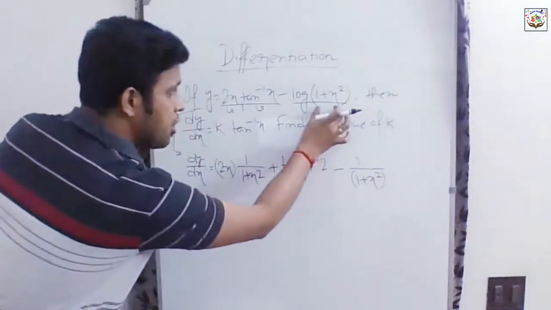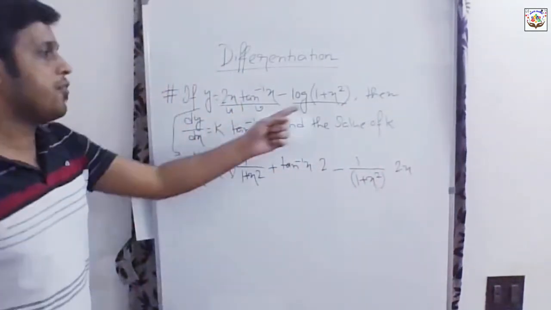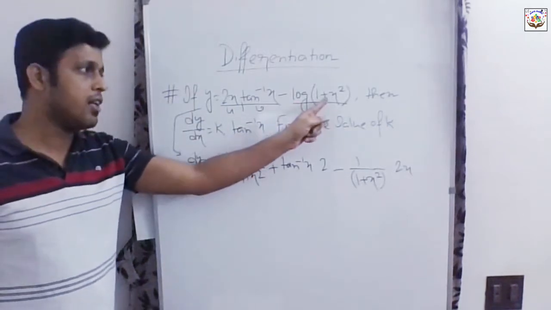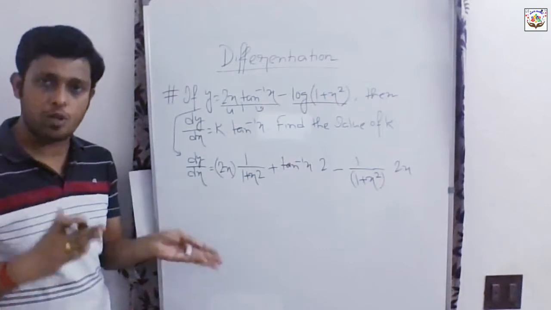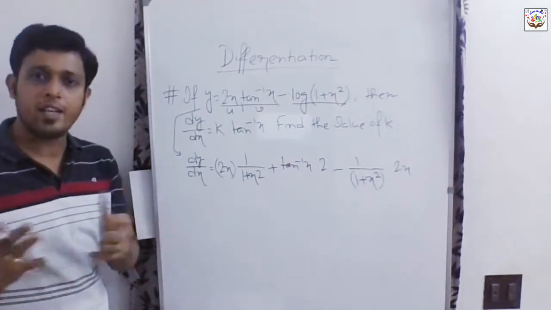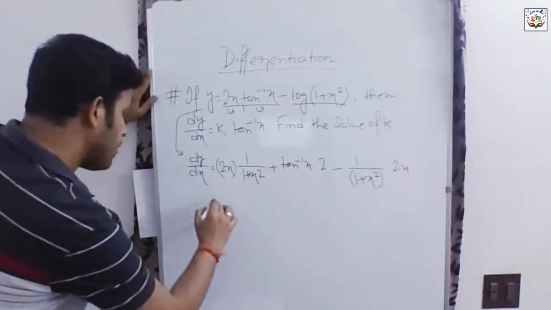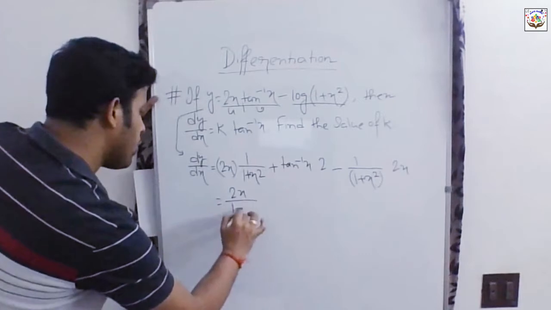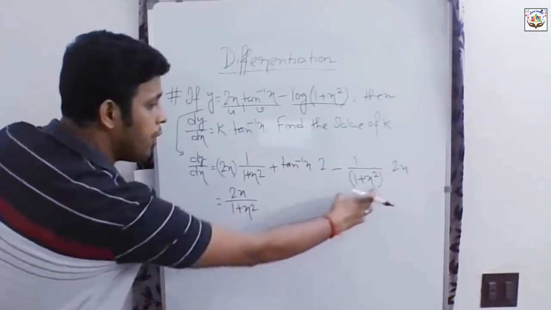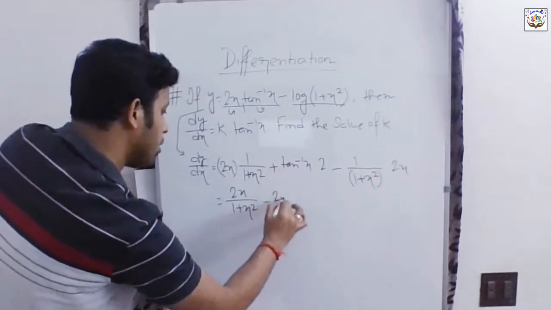So the differentiation of 1 plus x square would be 2x. Why? Because the differentiation of 1 is 0 and the differentiation of x square is 2x as per the formula d/dx of x to the power n, where we get n x to the power n minus 1, right? So as you can see, here we have 2x divided by 1 plus x square and we have minus 2x divided by 1 plus x square.